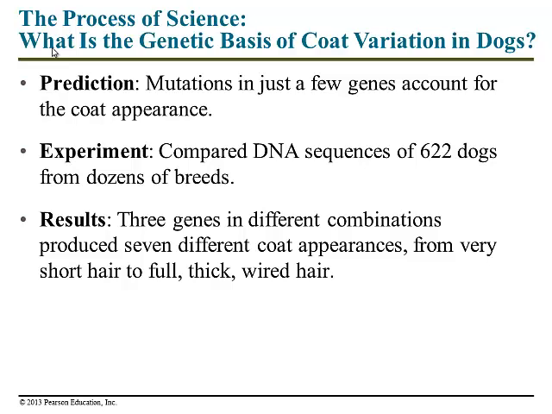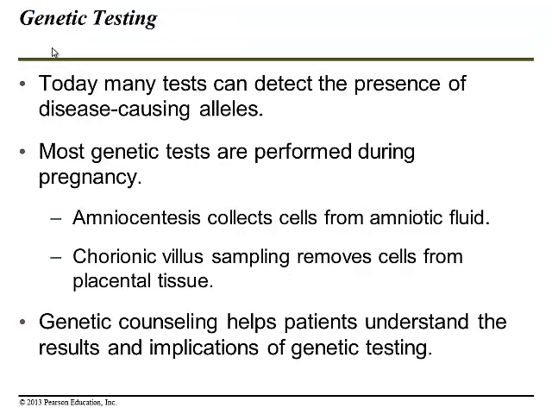Three genes in different combinations produce 7 different coat appearances, from very short hair to full, thick, and wired hair. So we know that three different genes in the canine are responsible for coat, and the combinations of these genes give us all the different coats that we see.